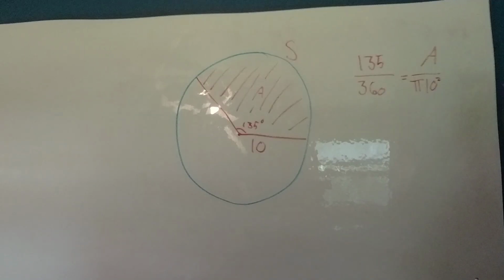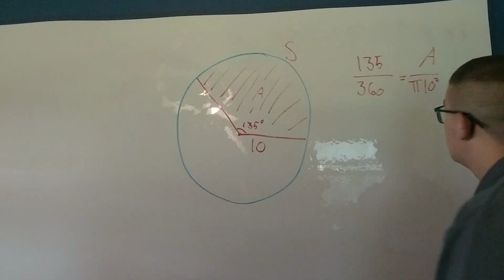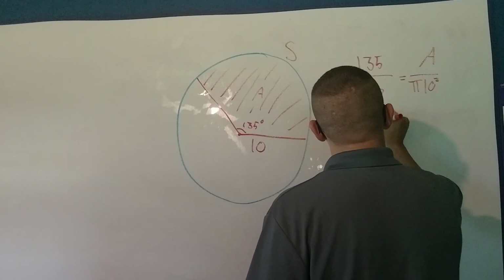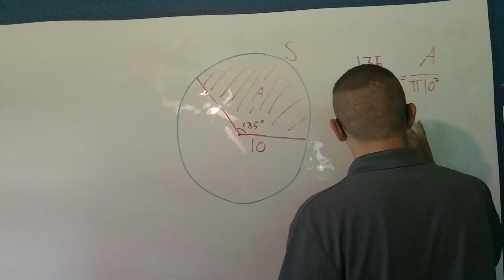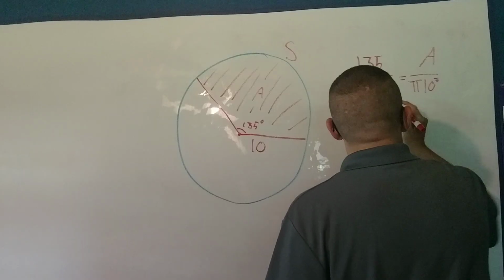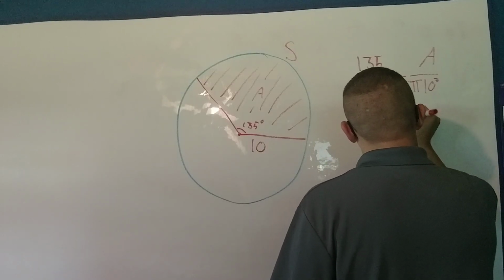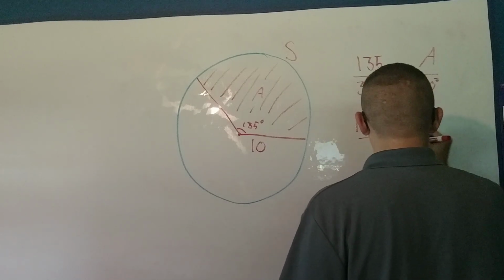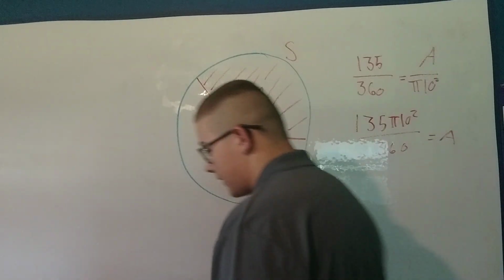When you simplify this down, we multiply our area over this way, and we do 135 pi 10 squared over 360 equals the area, like that.